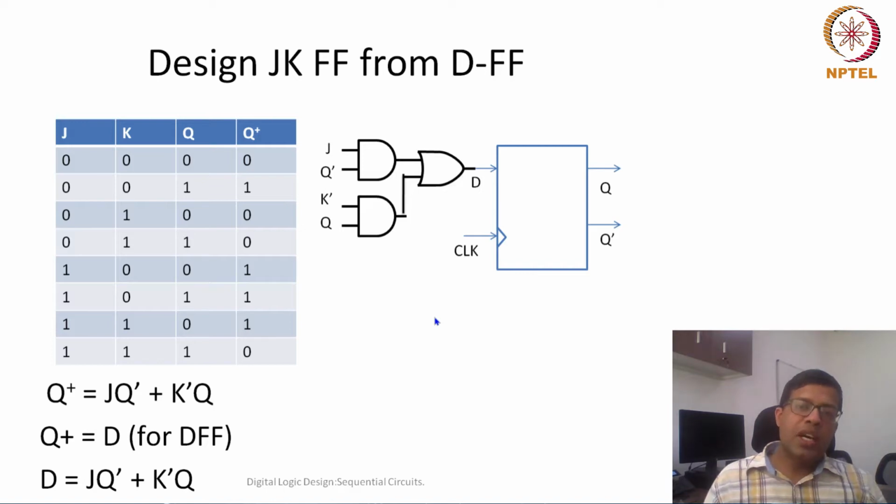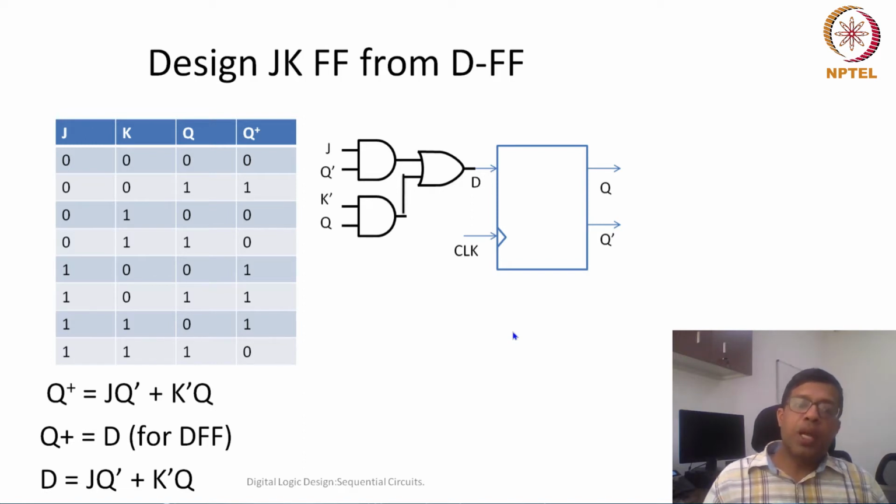Although underneath I'm using a D flip-flop, the functionality of this whole circuit, where J and K are the inputs, another input is the clock, and the outputs are Q and Q dash, is actually a JK flip-flop.